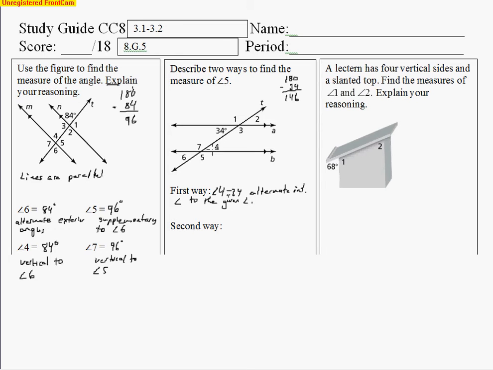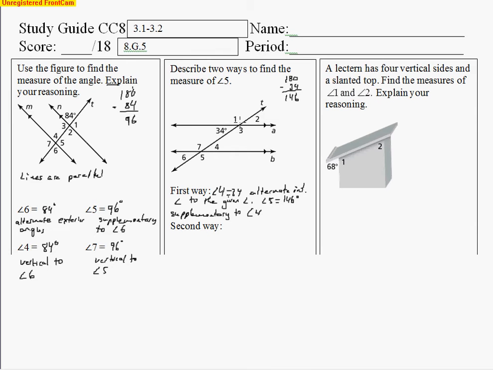And then I could say angle 5 equals 146 degrees, because it's supplementary to angle 4. So that is one way we could end up doing it.